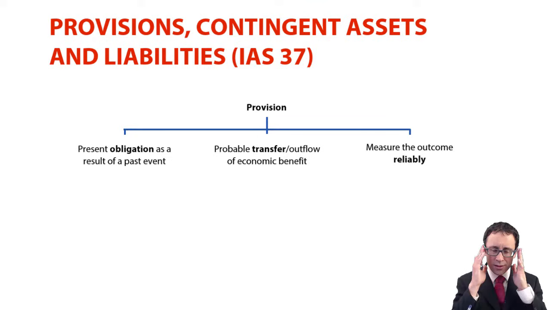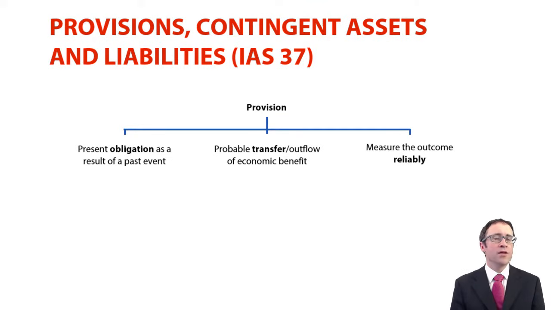So, like I said, let's go back to the definitions within the framework. So the definition of a liability is an outflow of economic benefit that results from a past event. Okay.